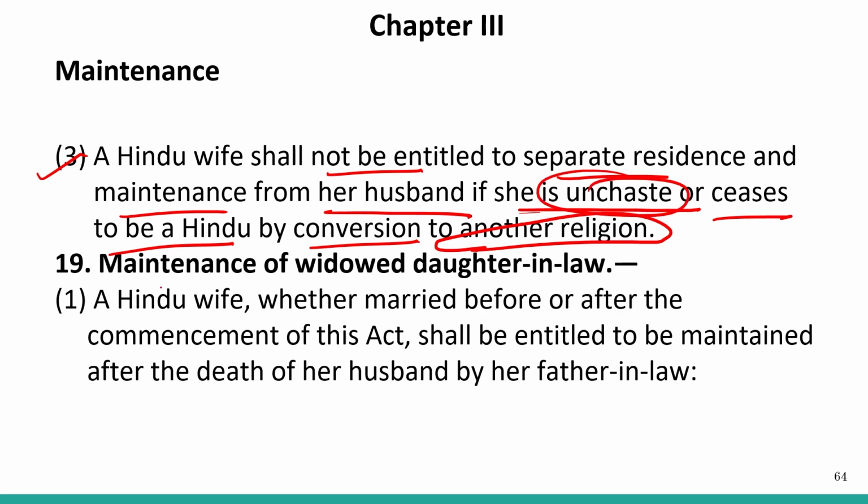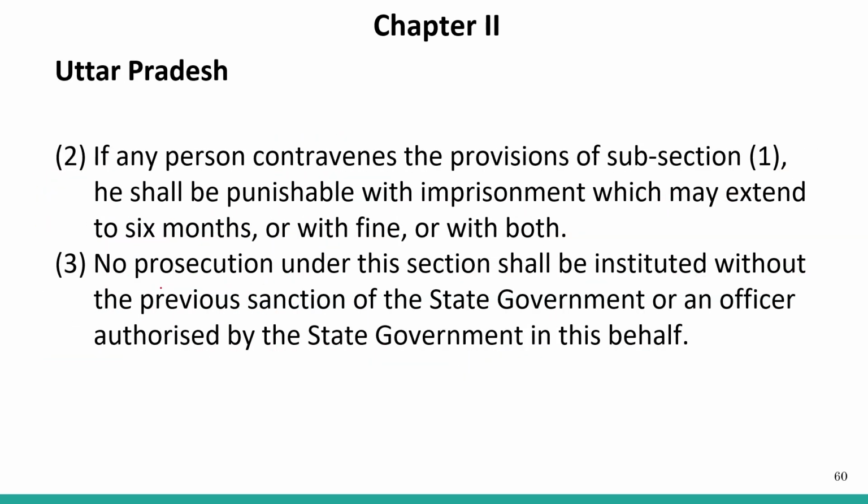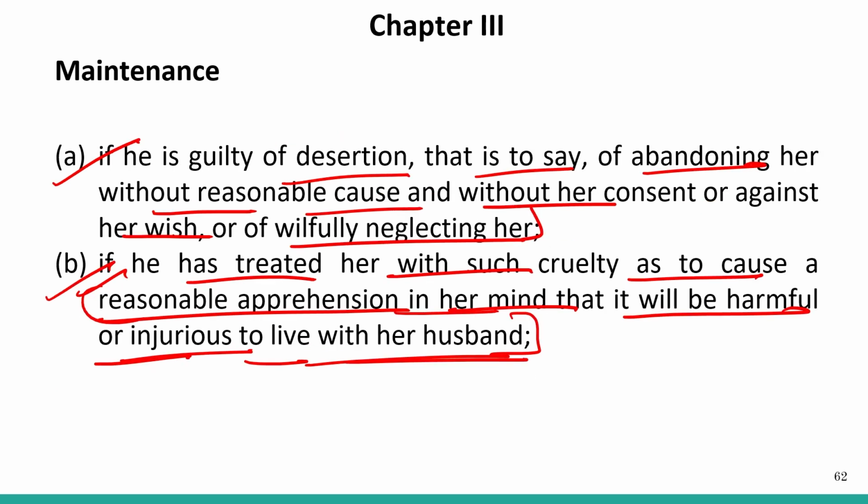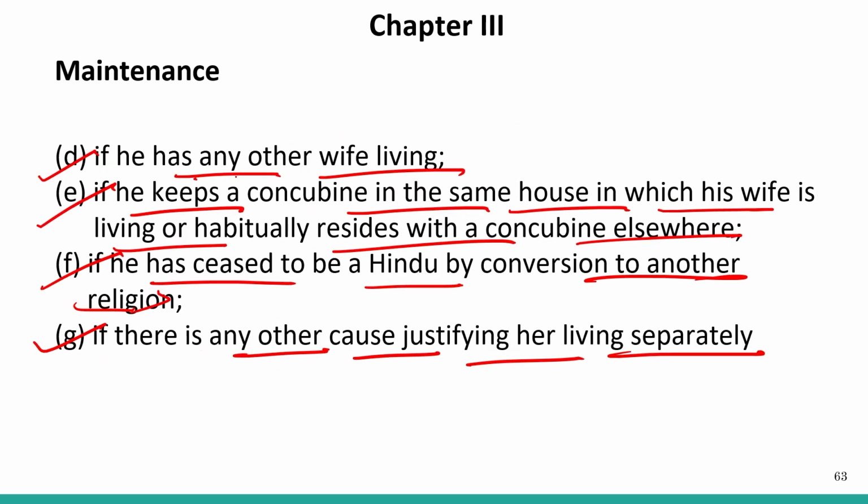Okay, so this is an important portion when you talk about maintenance to wife. Even if she is living separately, she can claim maintenance. The requisite for the same is that the husband has treated her with cruelty, he has abandoned her, or he has another wife or is living with a concubine.